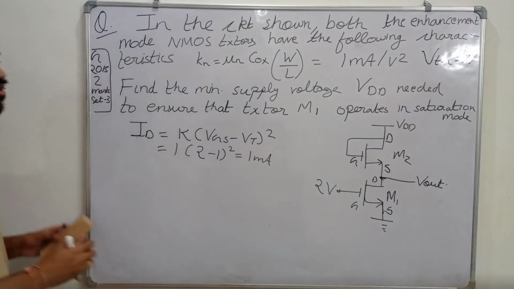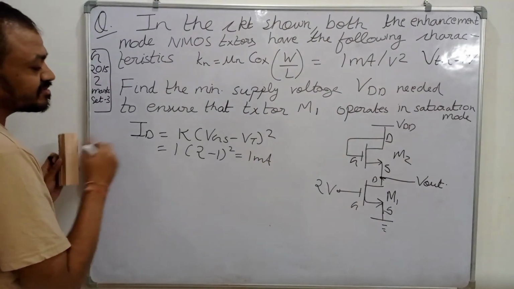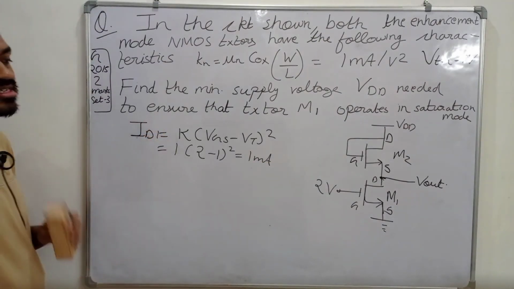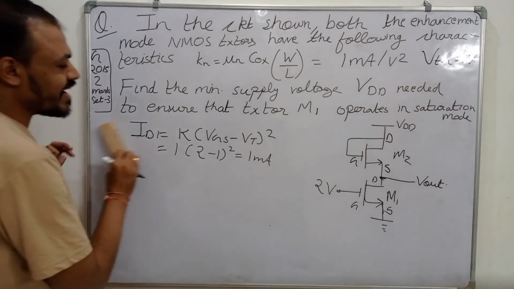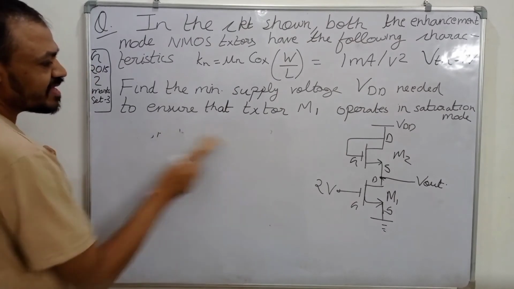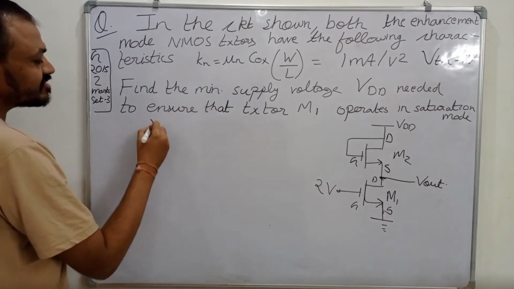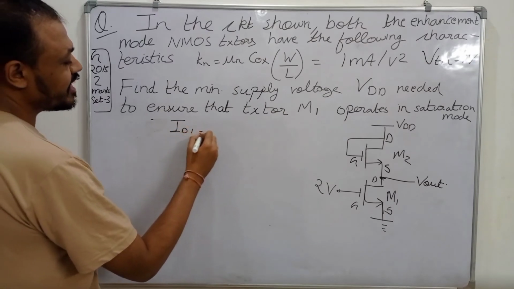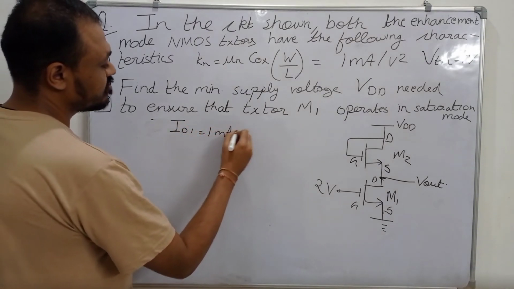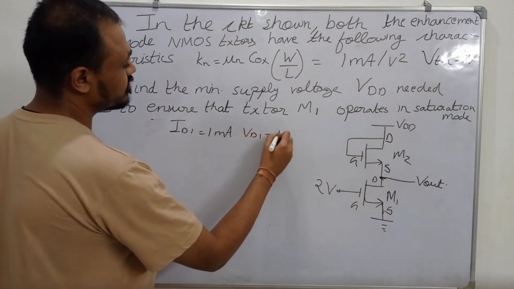So what we have found out is ID1, because M1 is in saturation. We have to find the condition for M1 in saturation. So for M1 in saturation, this will be the value of drain current. We have found ID1 as 1 milliampere and VD1 as 1 volt.